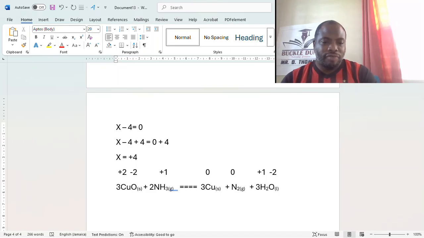it's also -3 here because we know this ammonia gas is a neutral compound. So if we're adding all of them, technically to work out the nitrogen, we know that all of the hydrogen would equal to a +3.